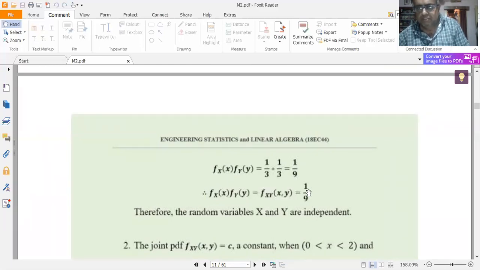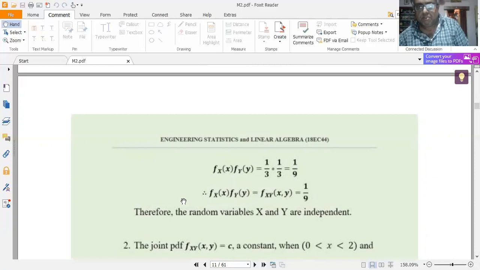The joint PDF is given by c equal to 1 by 9 for the given ranges as per the problem statement. And the product of the marginal PDFs, fx of x and fy of y, is also equal to 1 by 9. 1 by 3 into 1 by 3, 1 by 3 the whole square, is equal to 1 by 9. So fxy of x comma y is clearly equal to fx of x into fy of y, which are both equal to 1 by 9.